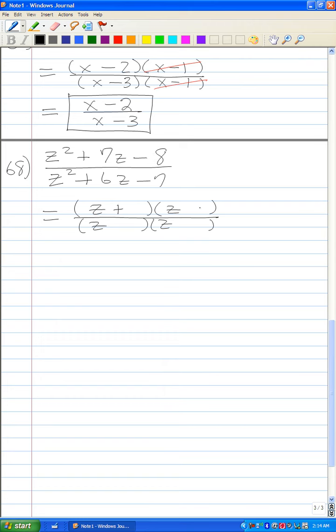So bring down the plus, minus. I have a plus, I'll bring down the plus, minus. I want two whole numbers whose product is 8 and whose difference is 7, 8 and 1. I want two whole numbers whose product is 7, whose difference is 6, 7 and 1. I can cancel the z minus 1's. And so you get z plus 8 over z plus 7. And that's your answer.